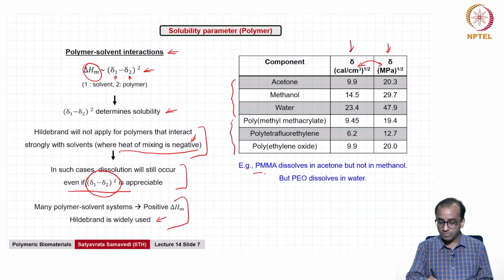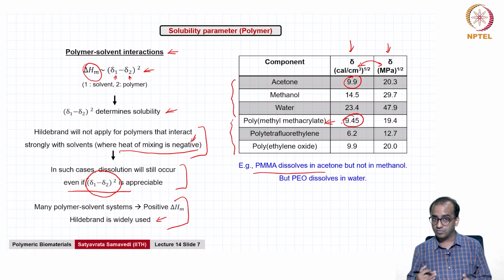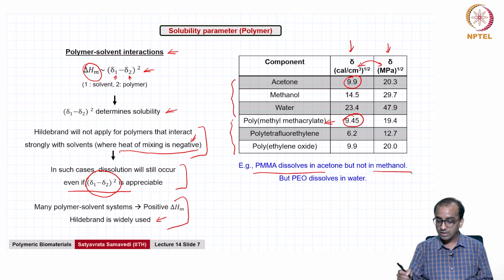That might help explain why polymethyl methacrylate dissolves in acetone, where you see the values are quite close. The closer they are, the more propensity for them to dissolve, because the idea is like dissolves like. As opposed to methanol, where PMMA will not dissolve easily.